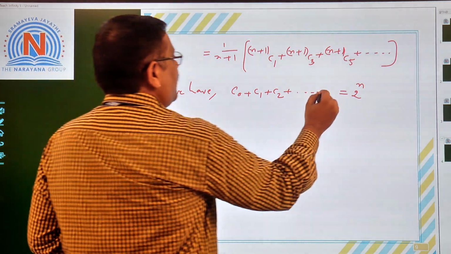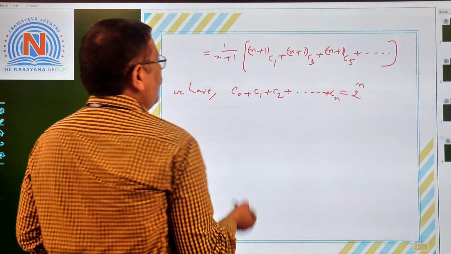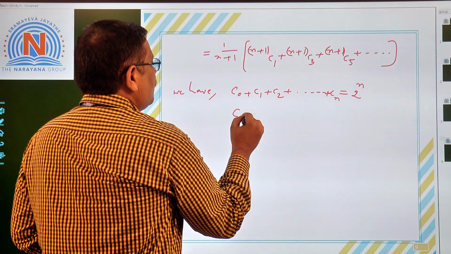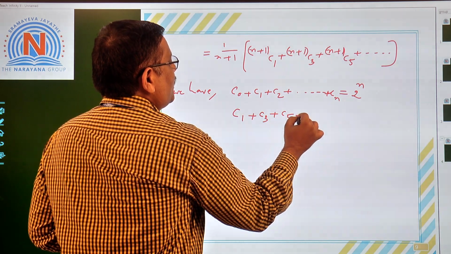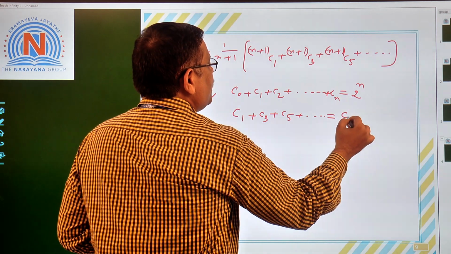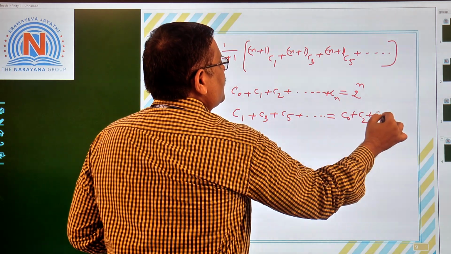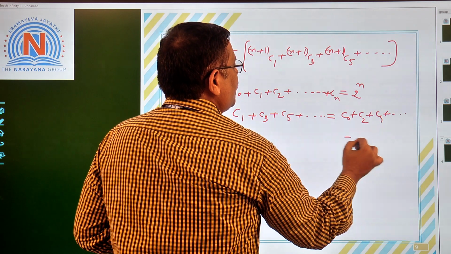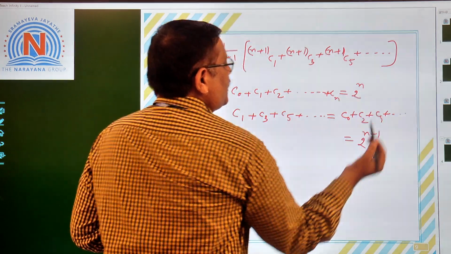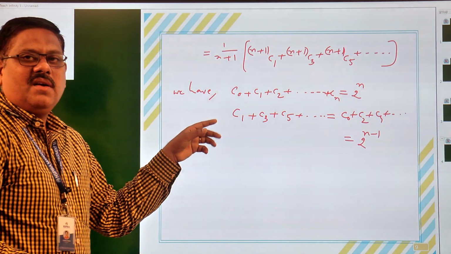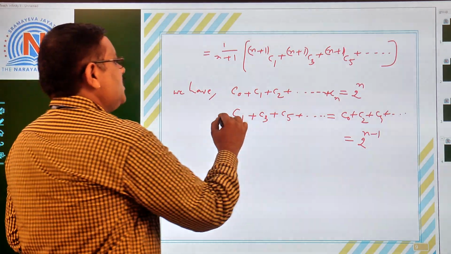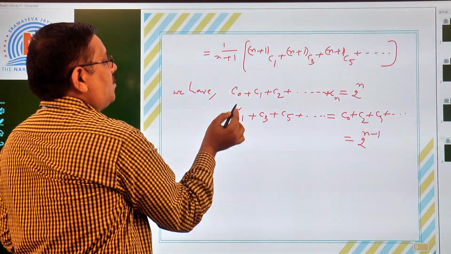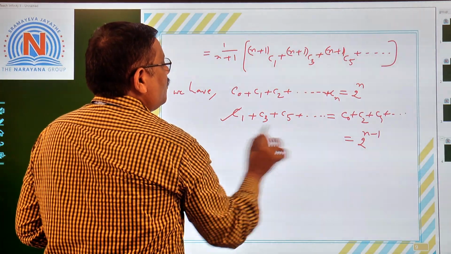Similarly, we have C1 plus C3 plus C5 plus so on is equal to C0 plus C2 plus C4 plus so on, that is equal to 2 to the power of n minus 1. These are two other properties. In the very beginning we learned these two properties. So we can use this property to solve this particular expansion and write its value.